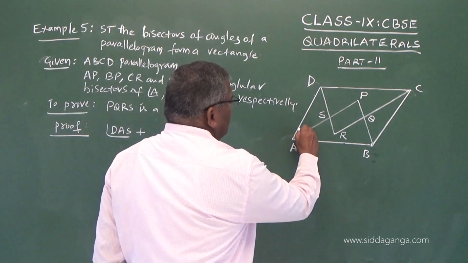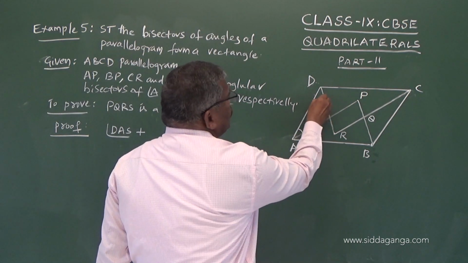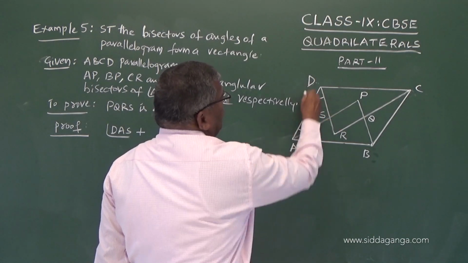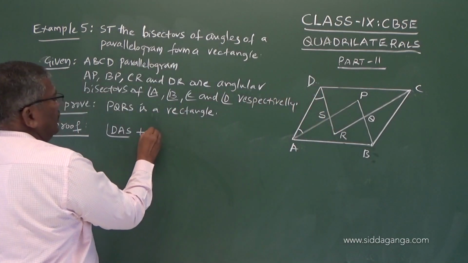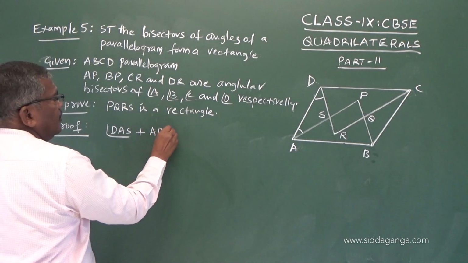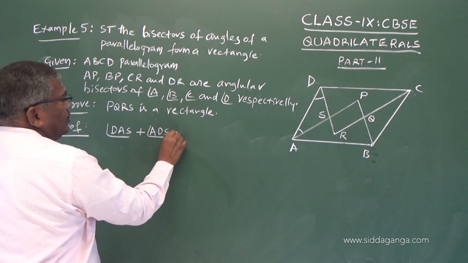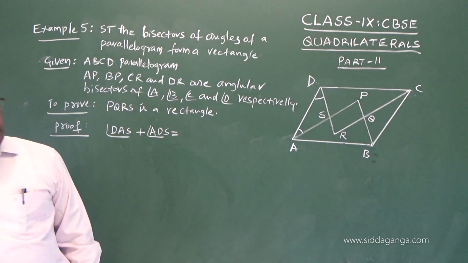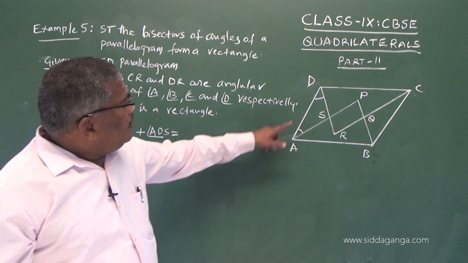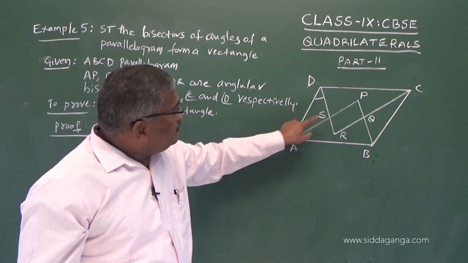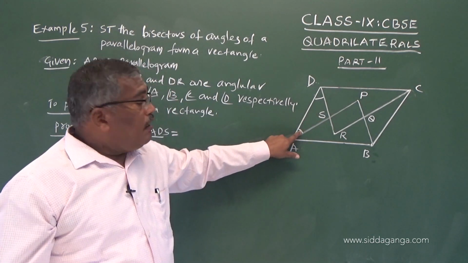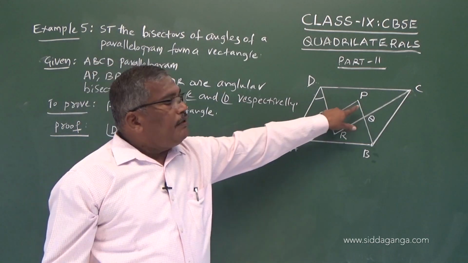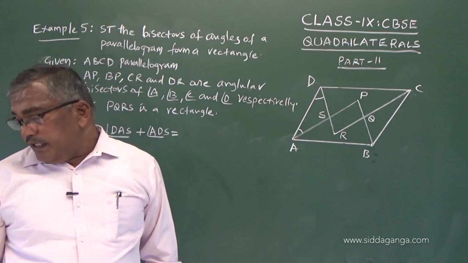We are considering these two angles, DAS and ADS. DAS is half of the total angle A, because AS is the angular bisector.